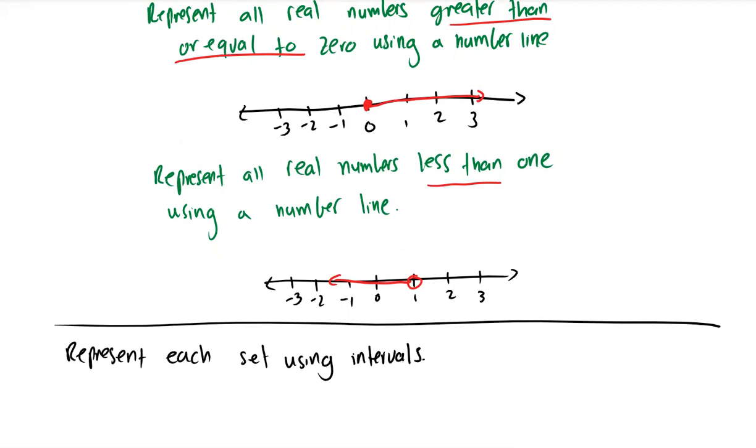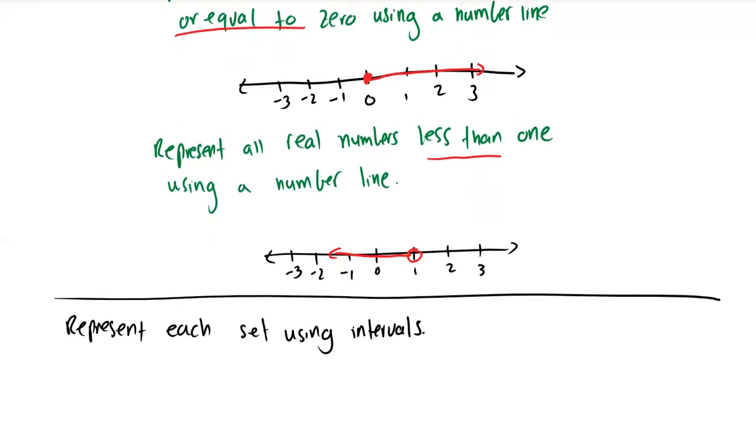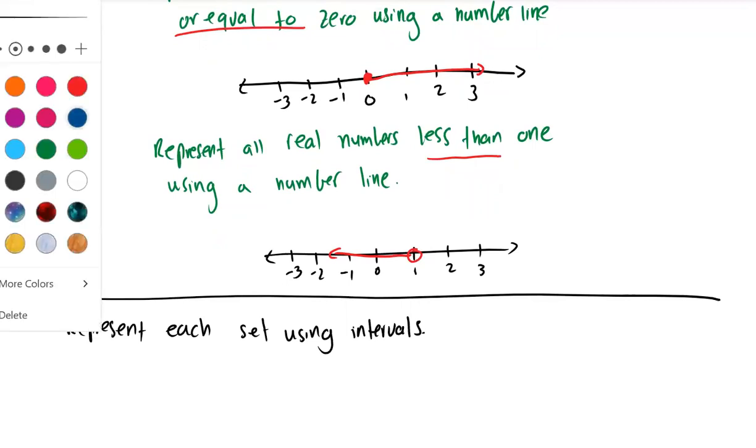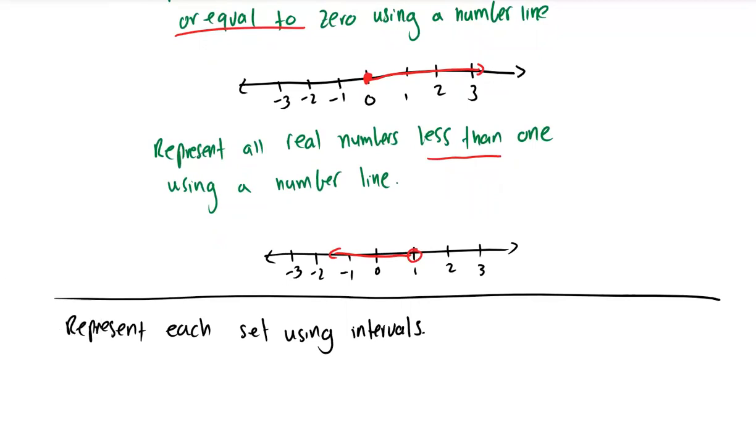For the first one, I'm looking for the set of real numbers greater than or equal to 0. Just as before, since we're including 0, we want to use a specific symbol for that. Since we're including 0, use a bracket symbol. And then we're moving towards the right, because we're looking for all real numbers greater than or equal to 0.